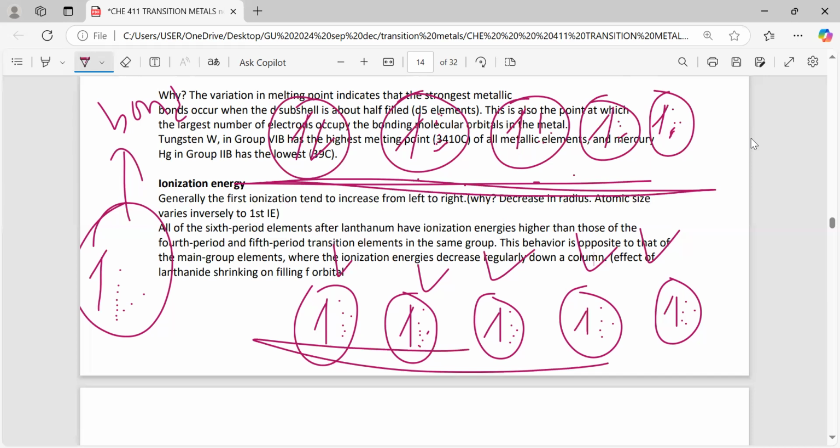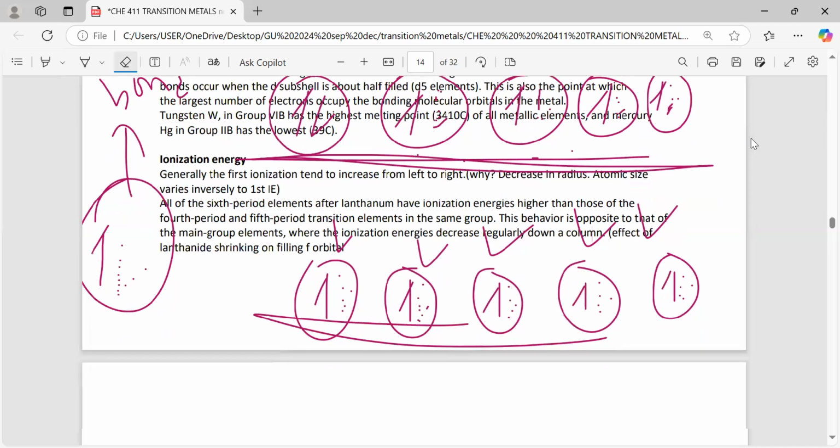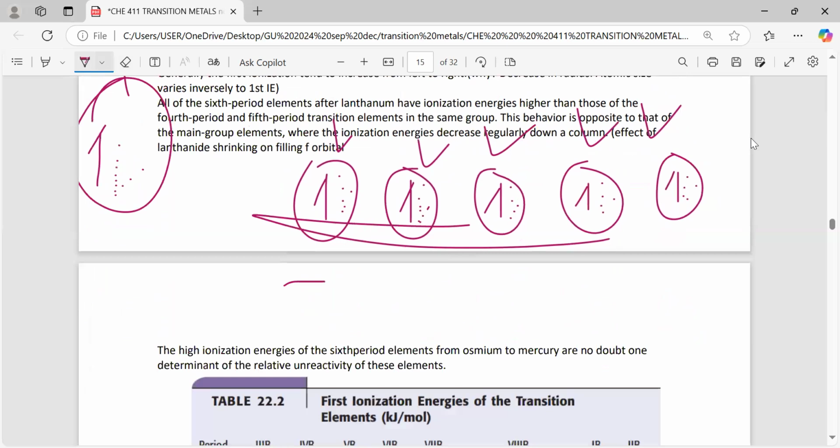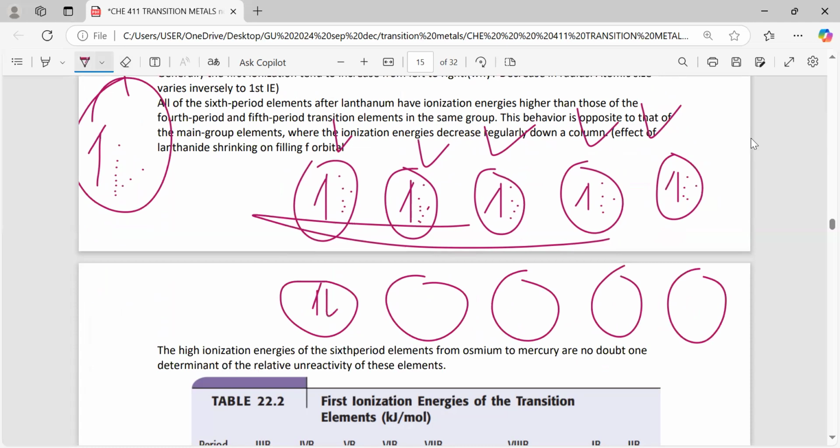So assume you have 1, 2, 3, 4, 5, so that this is full, full, full, full, and this is empty, half filled. Here you'll only form 1 bond.